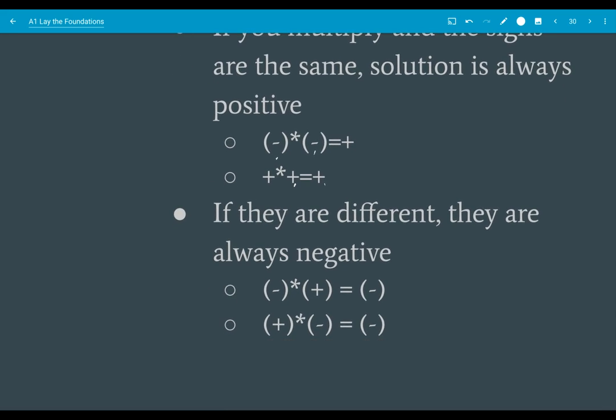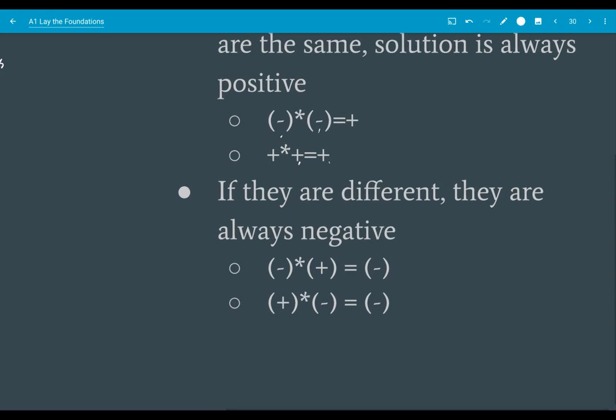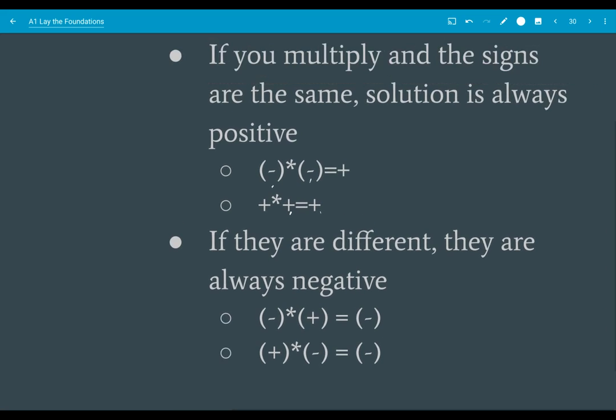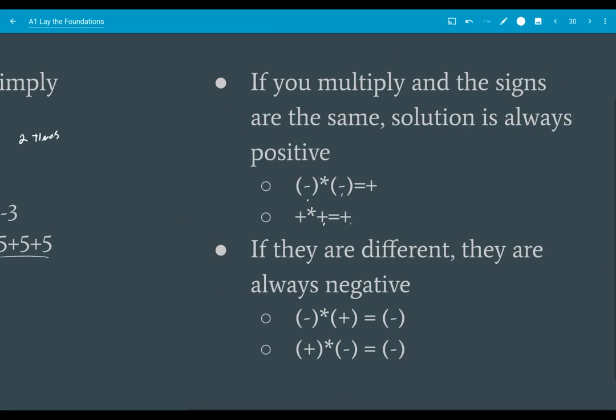If they have different signs, they're always going to be negative. So let me say that again. If the signs are the same, the solution is always positive. Signs same, always positive. If they're different, always negative.